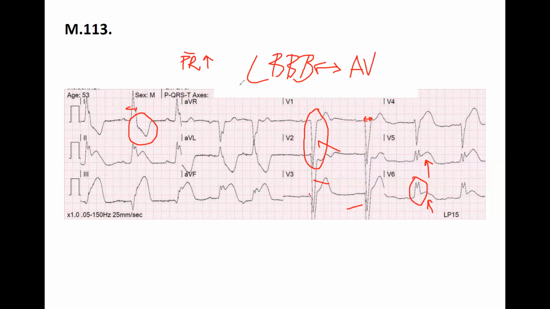When you look at trifascicular block, it is mostly accompanied by a right bundle bifascicular block plus an AV block. But if you have an AV block plus left bundle branch block, you can see this trifascicular block as well. Good, very good.